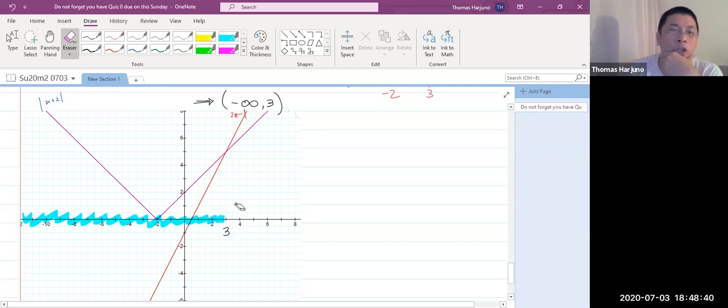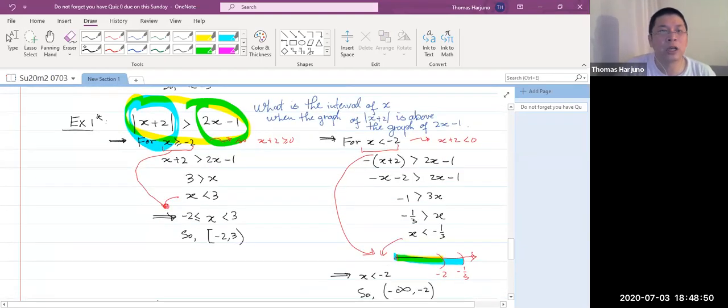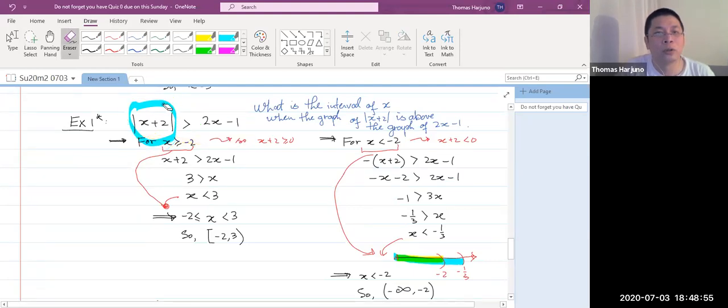But the way we argue that is we need to break the situation into 2 parts. Let me erase this because it's way too overwhelming. We need to break it into 2 parts: the case for x greater than or equal to -2 and the case for x less than -2.